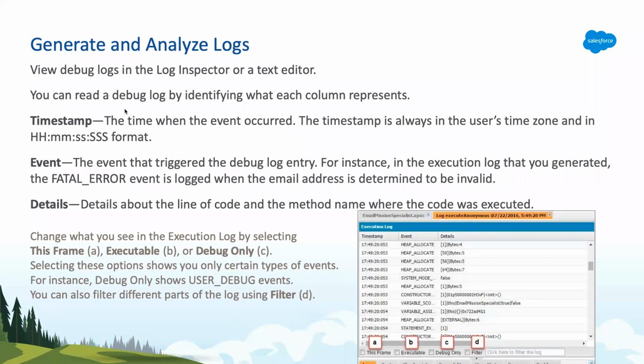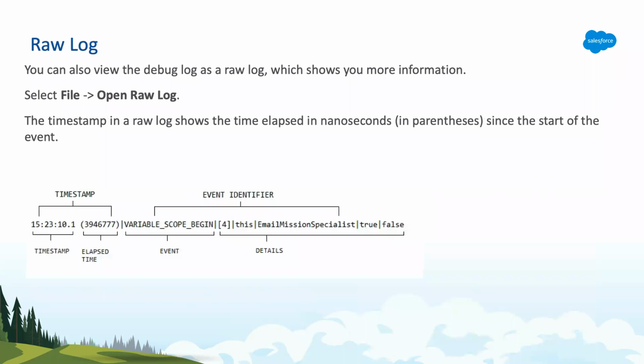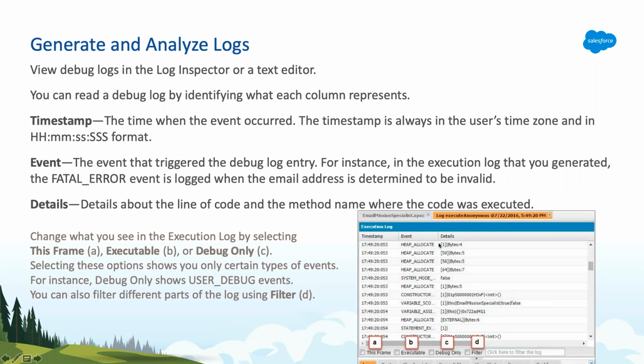Let's see how to generate and analyze the logs. There are two parts where we can see the debug logs, where we can see the logs, as well as a few filters.